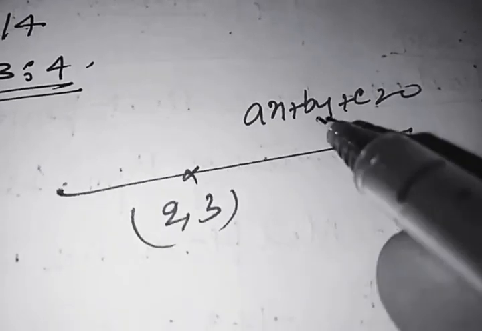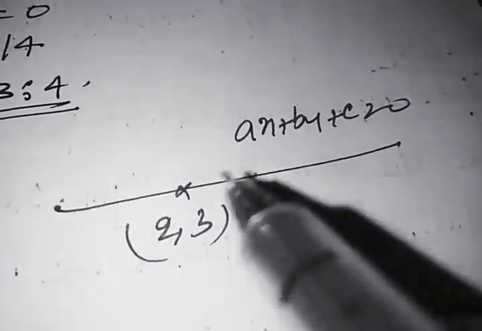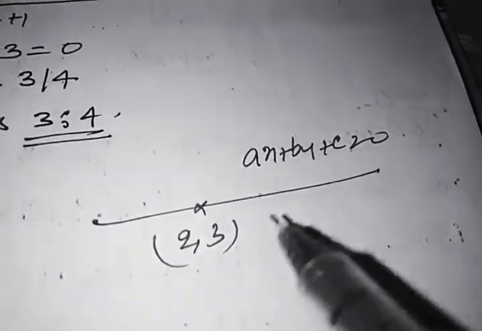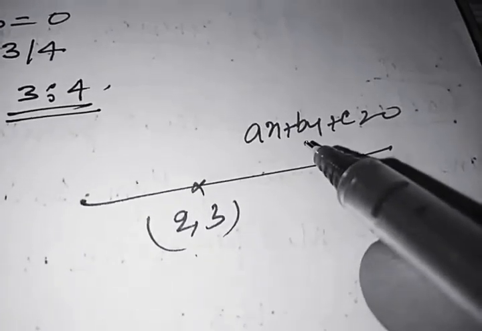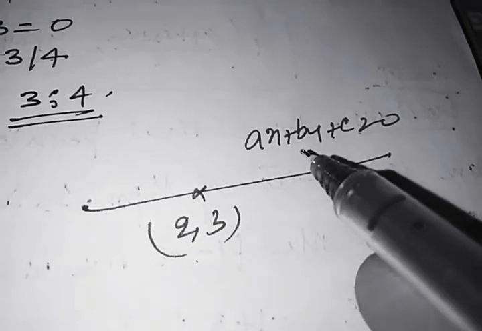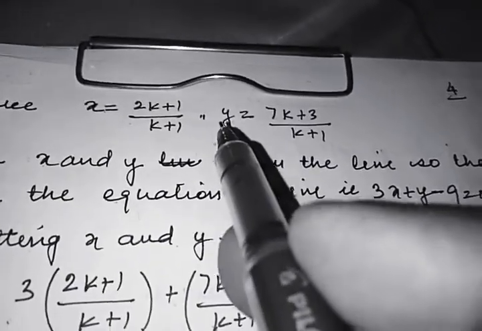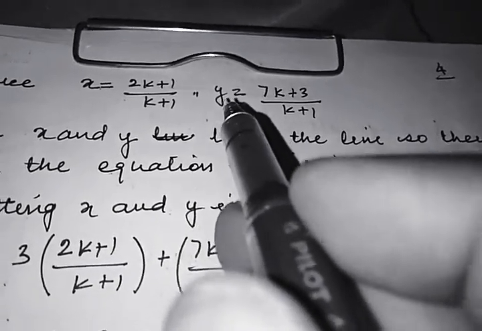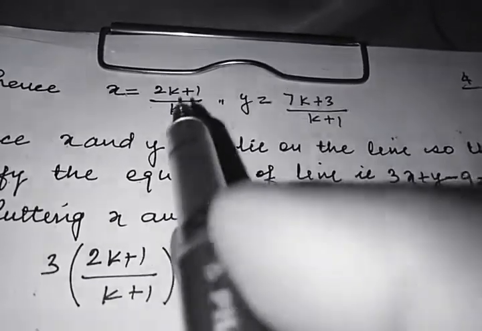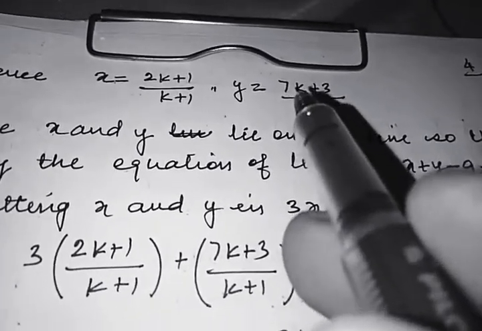So if a point is lying on the line, it will necessarily satisfy the equation. So this point x, y lies on the given straight line, and will satisfy the equation of the line.